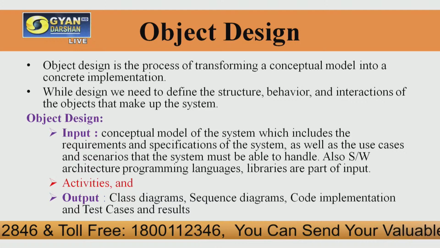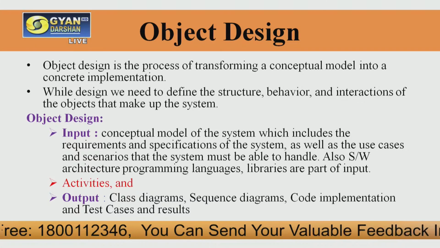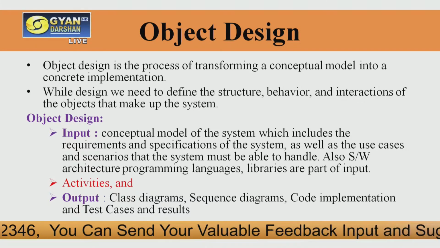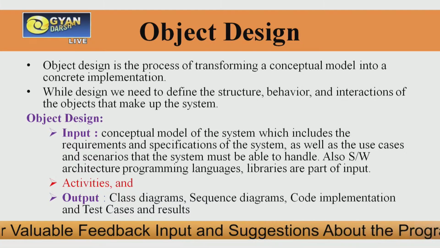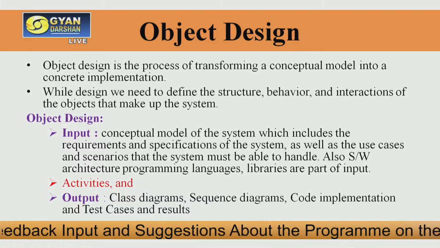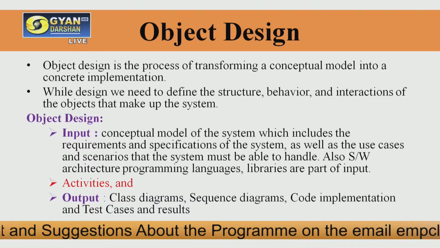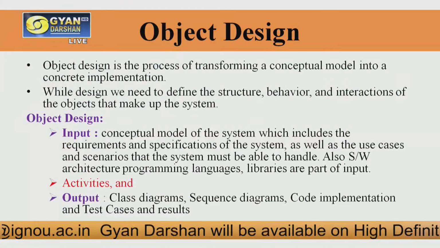Also the software architecture, programming language, libraries, and the classes which are already developed and taken as part of the input. And then the purpose for which that particular system is being developed, and what kind of activities your system will be performing, that we will take care of.